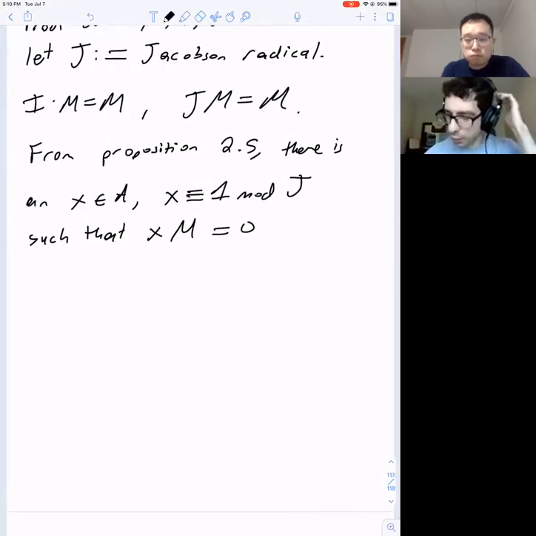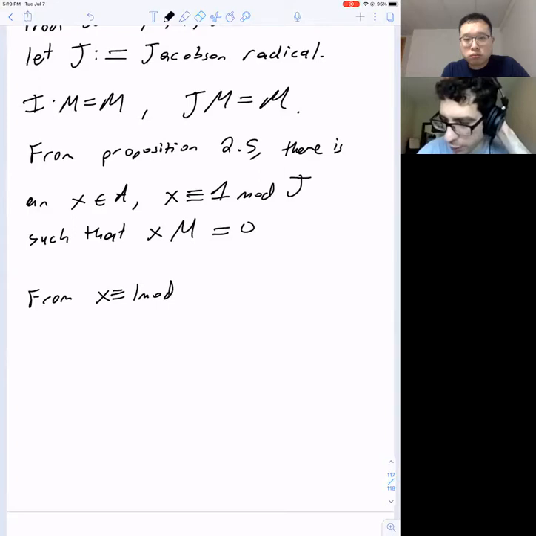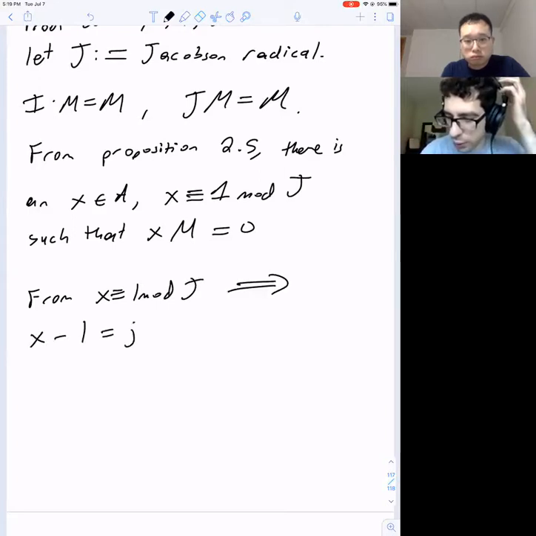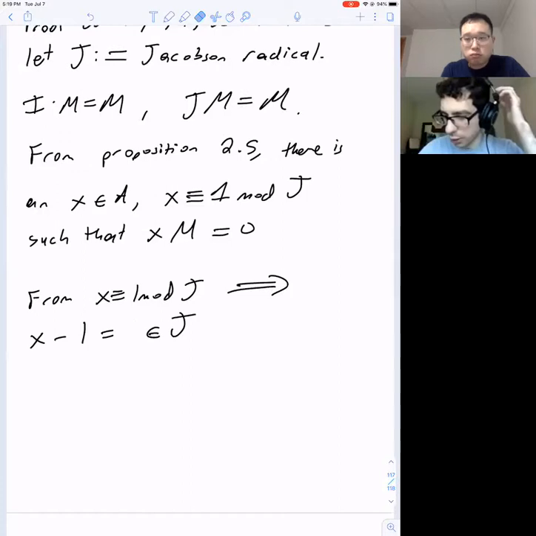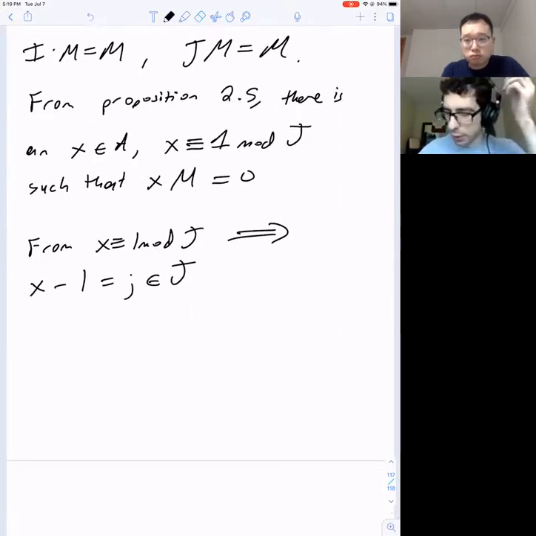And so now, note that x congruent to 1 mod J implies that x minus 1 is equal to some lowercase j in J. But what does that mean? That means that x is the same as 1 plus j.